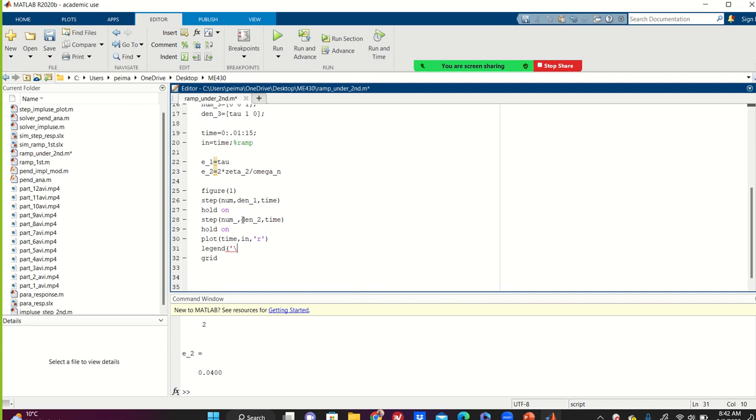Legend is zeta 1 is 0.005 and 0.3, and this is the input to the system. Y is equal to T. There we go.